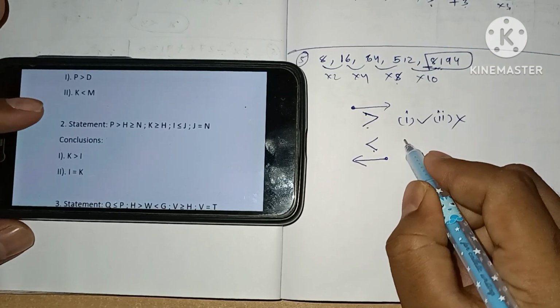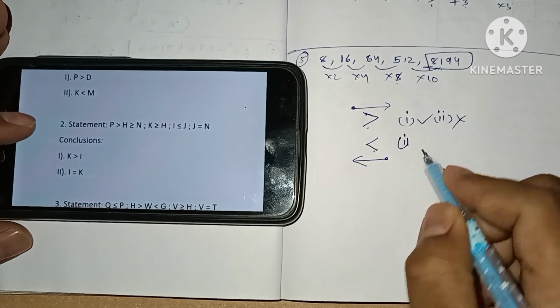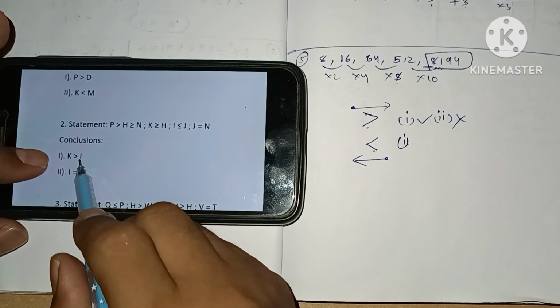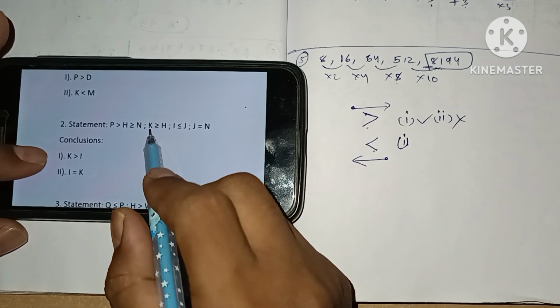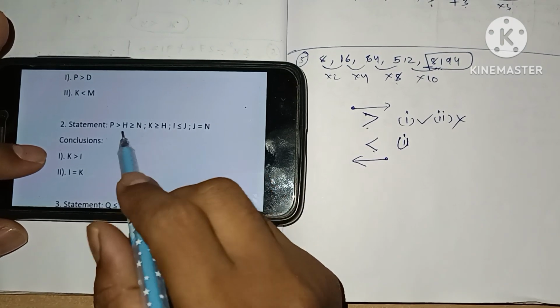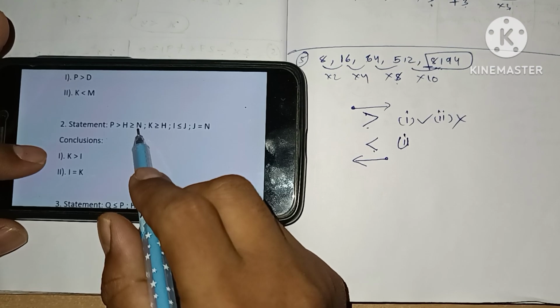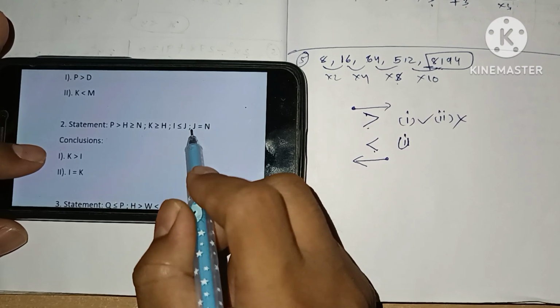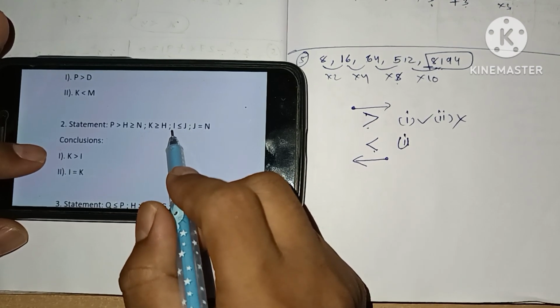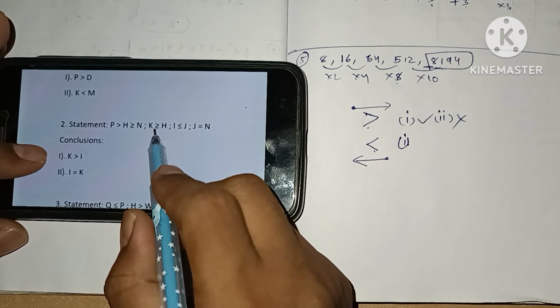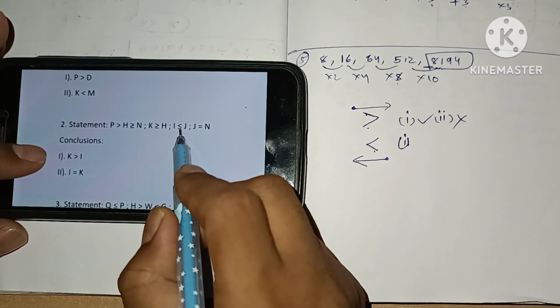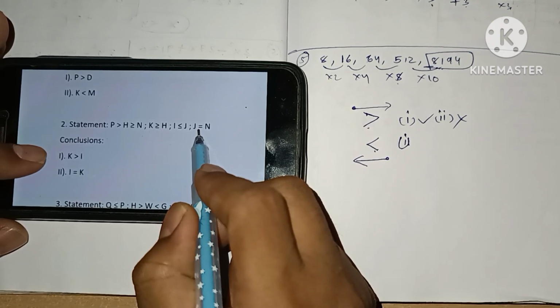Let's see the second question. Second question, first conclusion. The flow from K to I. From K we can reach H. From H we can reach N. From N we can reach J. From J we can reach I. But everywhere there is equal to also in the flow.